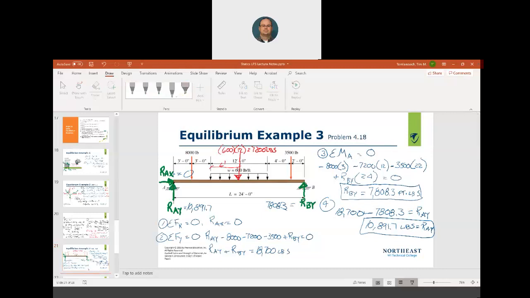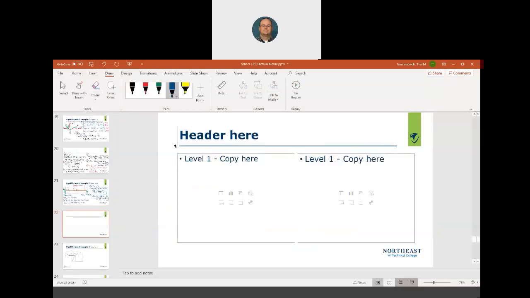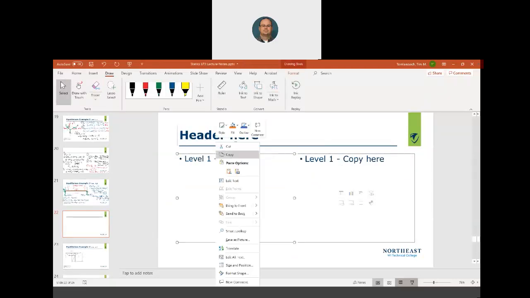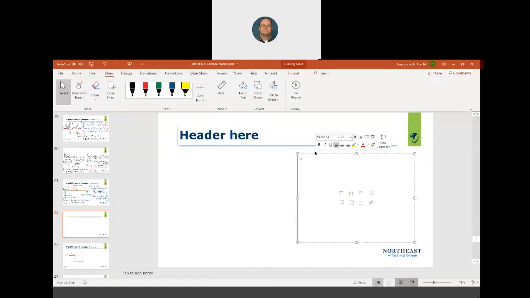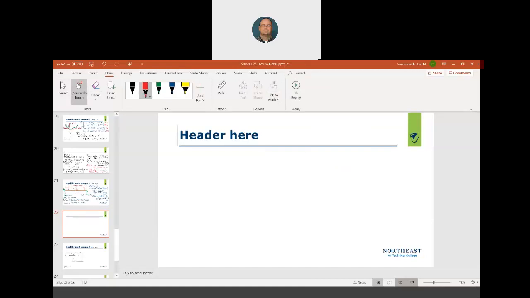I'm going to add a slide. Okay? Just going to cut this. All right. Check for equilibrium. Sum of the forces in the x direction has to equal 0.